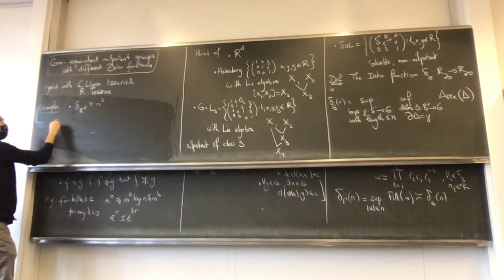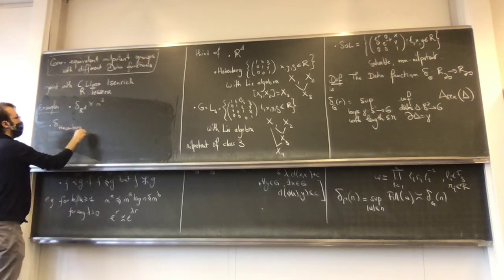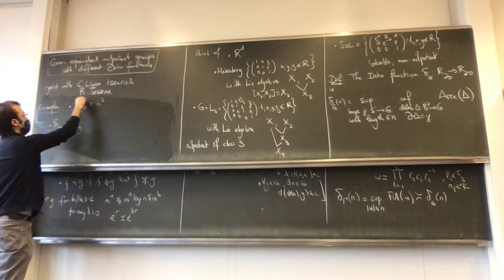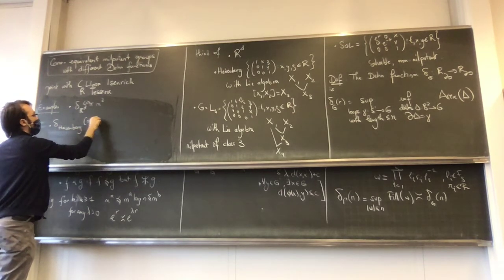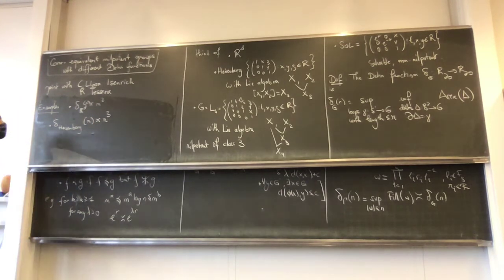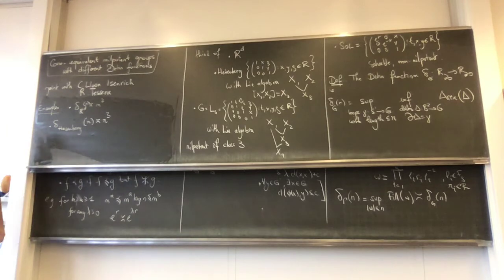For the Heisenberg group, this is n cubed, okay? This is somehow more involved.